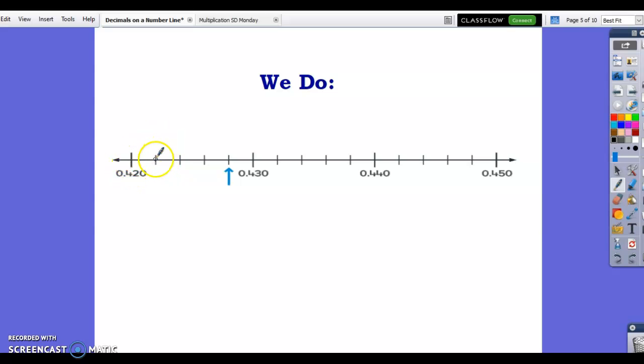So this would be 422, 424, 426, 428 thousandths, and so on. So if I look at this one, it would actually be 428 thousandths. And that's what we're doing today.